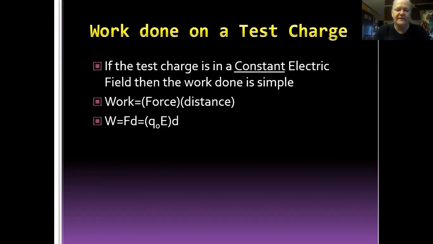So the simplified version of this is when we let something go in an electric field, the work done is done by a force that is going to be in the same direction as the displacement.